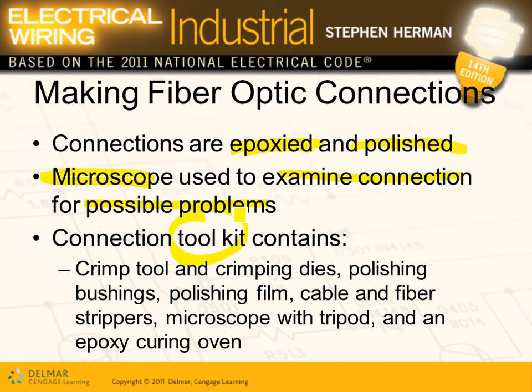We have crimp tools, crimping dies, polishing bushings, polishing films, and what else? Cable and fiber strippers, a microscope with a tripod, and what else? Epoxy, curing oven, all these.